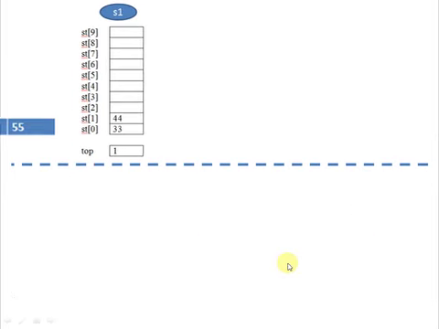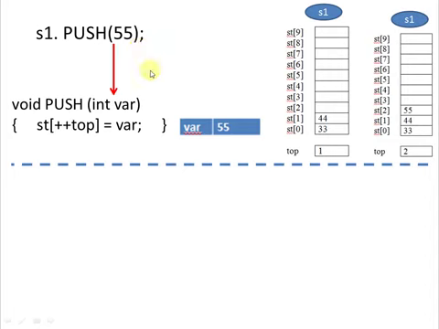Next, if we want to store 55, 55 will be passed to var. Var will store 55, so the top will increment from 1 to 2, and at st of 2 location 55 will be stored.